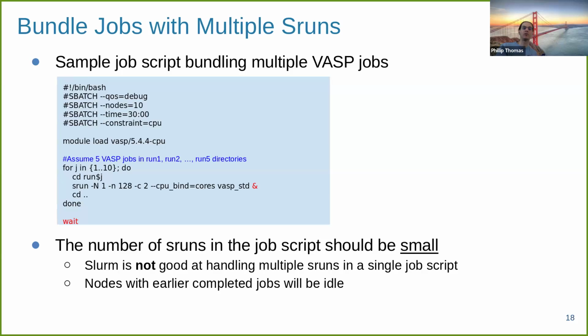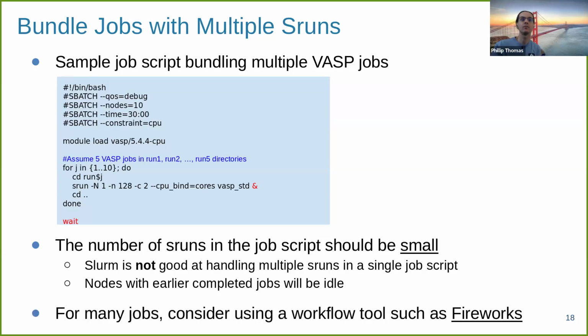And what will happen with too many jobs is that some jobs will either be very delayed starting, or will not run at all. The other thing to point out is if you allocate 10 nodes and run this group of jobs, if one of them fails due to a crash or if it completes early, then nodes that have jobs that are finished will just be idle, but you'll still be charged for the nodes even though they're not actually running any useful work.